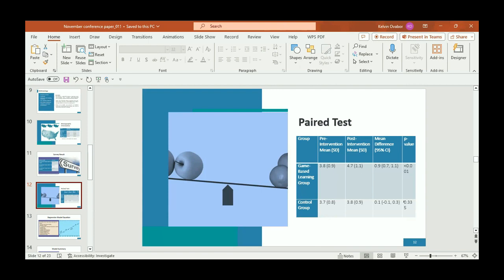Why, if you look at this value, the p-value here of 0.335, it shows that there is no significant change in the decision-making because they didn't undergo the intervention. It shows that there was no significant improvement in their competence in clinical decision-making.